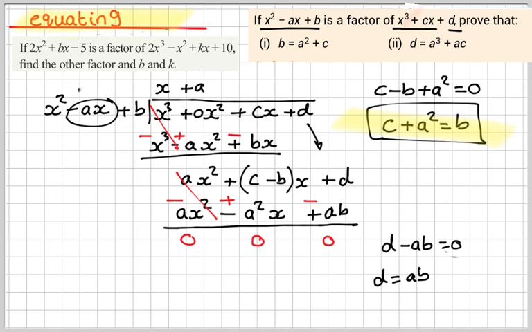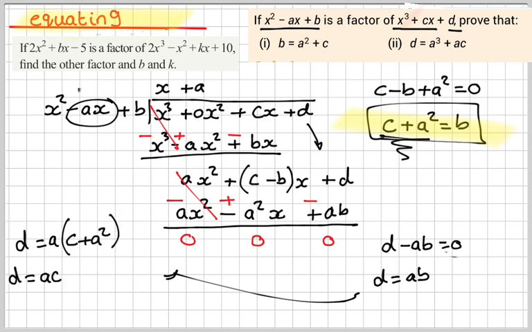So d, if I just bring it over here, d is going to be a times b, which I am saying is this expression, c plus a squared. So that is d is equal to ac plus a cubed. Is that what they have? An a cubed and an ac, yes, there we go. We have the expression represented in the form they want.